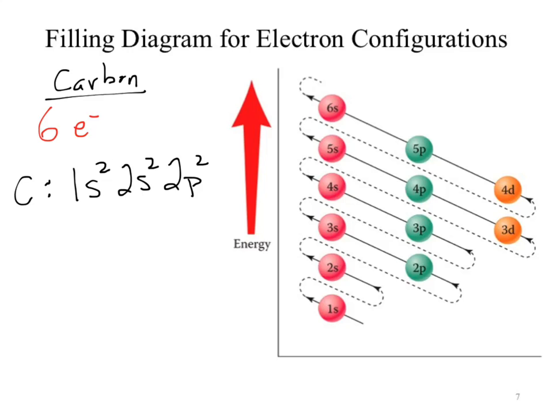Okay, so let's look at some of this notation. What did the number in front mean? Our energy level. What did the letters mean? The type of orbital. What's the last number mean, our superscript? How many electrons there are in that individual orbital type. Why show the 2 as a superscript?